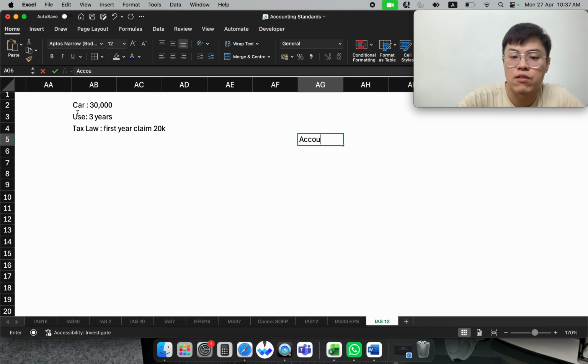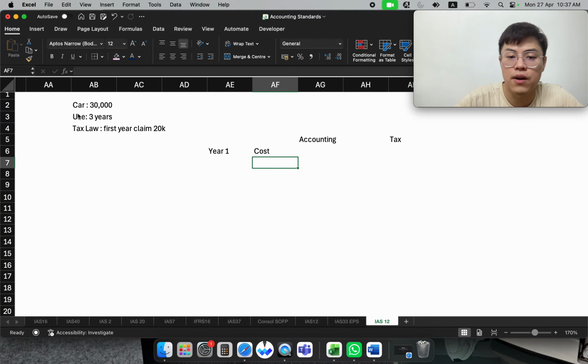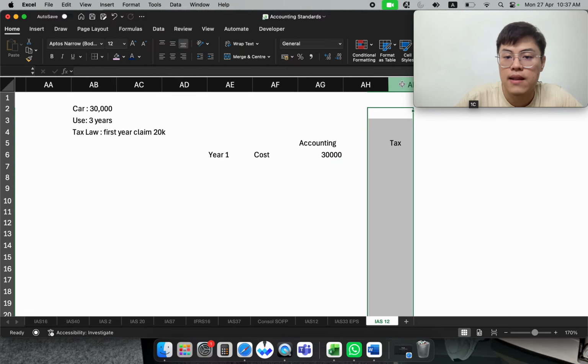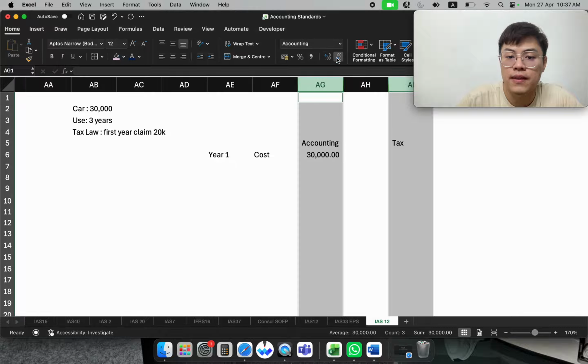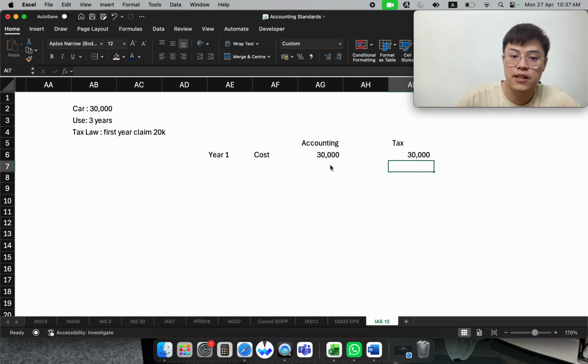So under accounting and under tax, what are the implications? And this is very important. In year 1, your cost under accounting is definitely 30,000, and for tax also 30,000, qualifying capital expenditure.